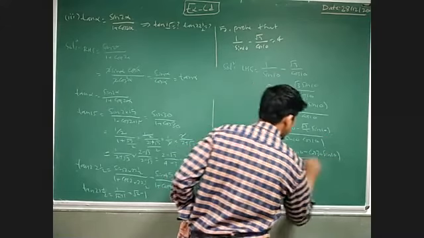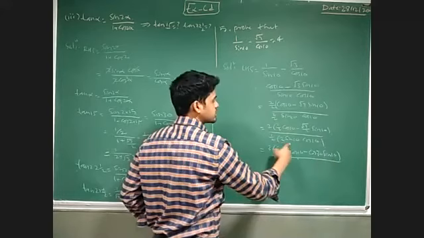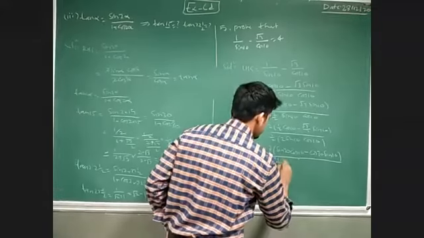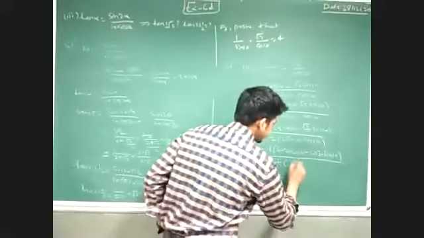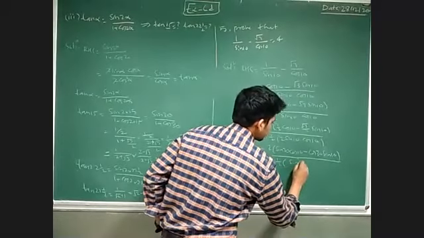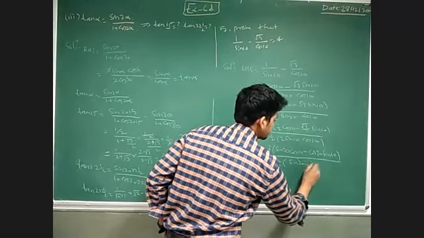Now 2 sin 10 cos 10 is nothing but sin 2 into 10.